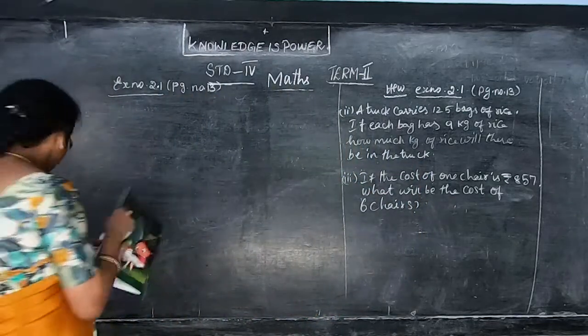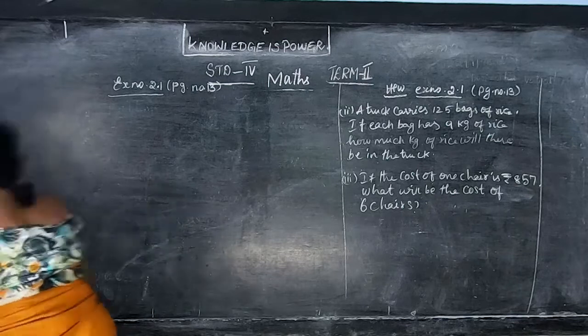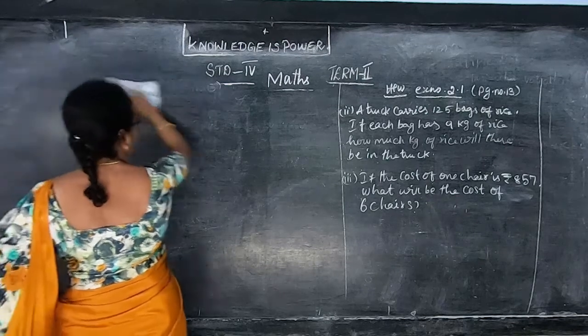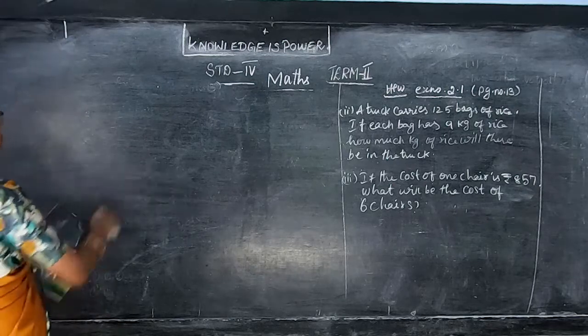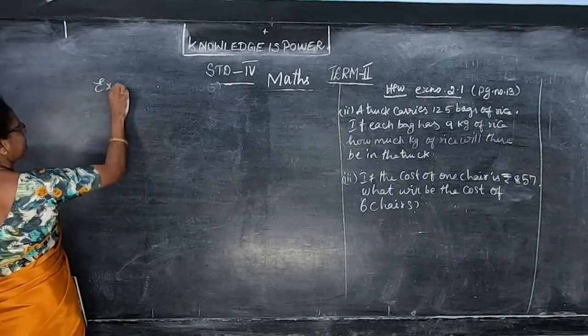Then now exercise number 2.2, page number 14. In this we are going to see about the tables. In the previous classes we have learned the 2 tables. Now we are going to see about the 6 tables.